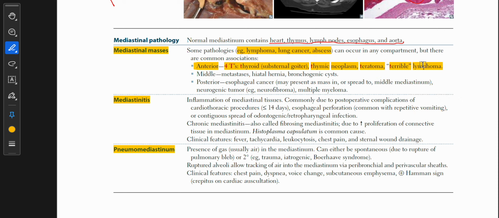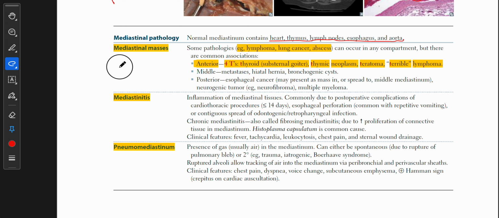Terrible lymphoma is just lymphoma, but we can make a mnemonic out of it. So in the anterior region, there is a very high risk of mediastinal masses from the 4 T's: thyroid, that is substernal goiter, then thymic neoplasm or thymoma, then teratoma, then terrible lymphoma.